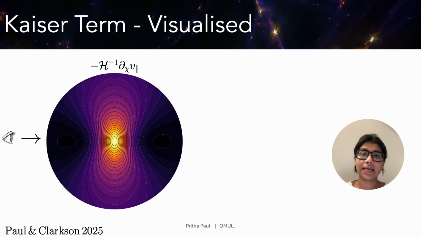On this plot, this is the visualization of the Kaiser term for an isothermal sphere. This has been done in the literature before, and we know that the Kaiser term distorts any overdensity into an ellipse.